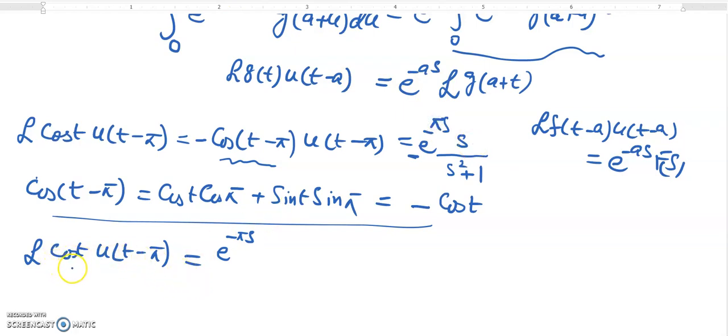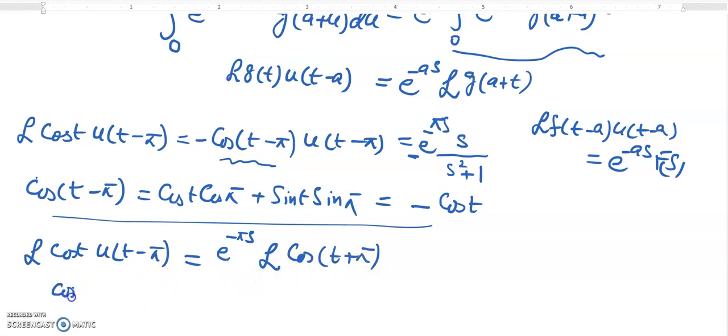So here in the second approach, according to this formula, it will be e power minus pi s, and then the Laplace of cosine of a plus t, so it will be cosine of t plus pi. Let us simplify cosine of t plus pi.